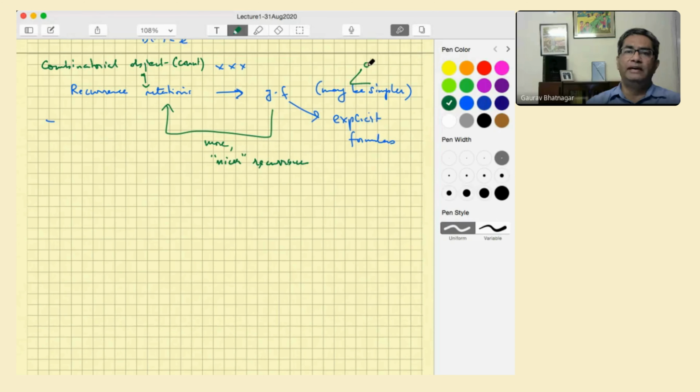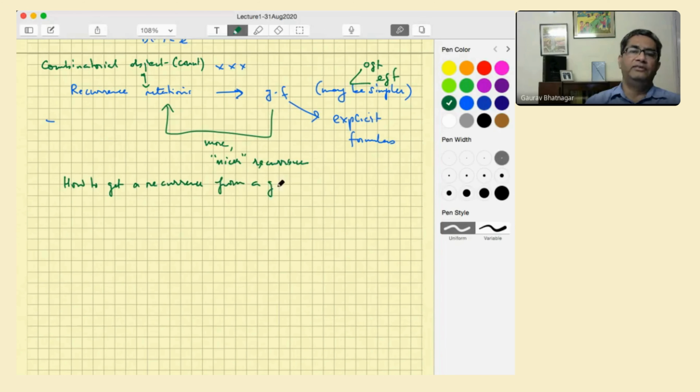They could be of two types, OGF and EGF, and in a number theoretic context there is a third type which we will do. Then these GFs are usually simpler and may have explicit formulas. You can manipulate them, and then go back and get a recurrence. So this is the example that I want to do: how to get a recurrence from a generating function.